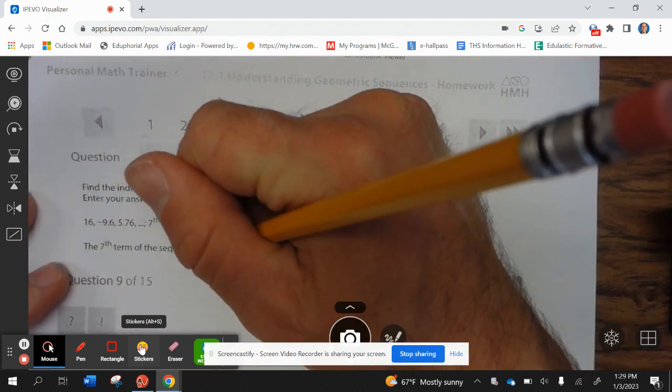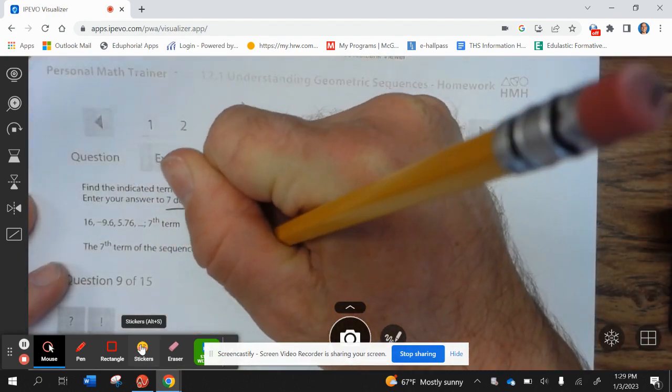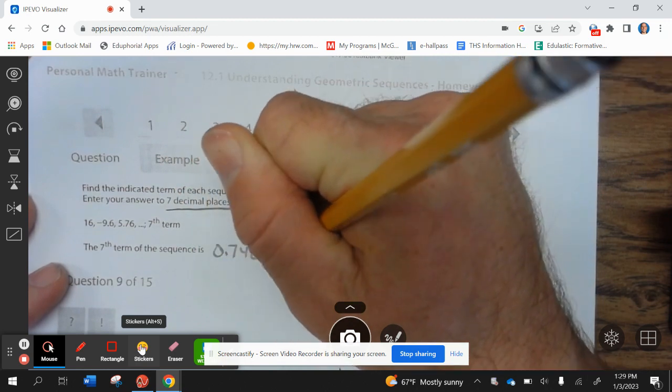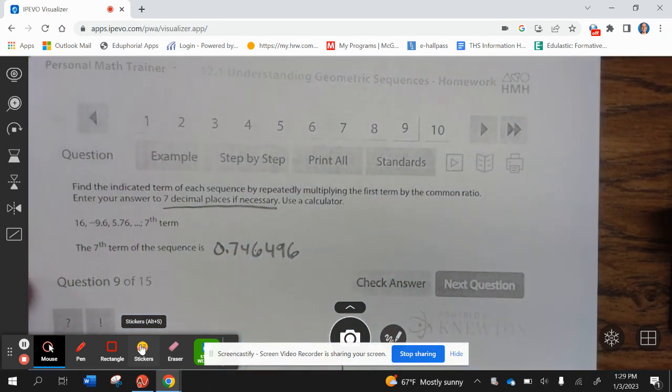All right, so the seventh term is 0.746496. All right, go ahead and finish up that example.